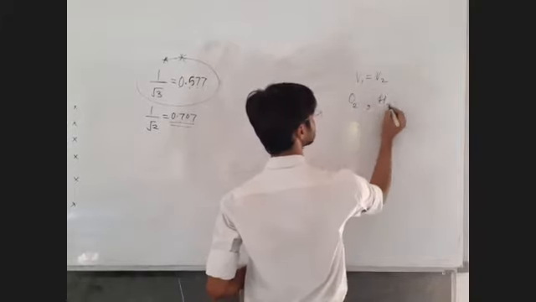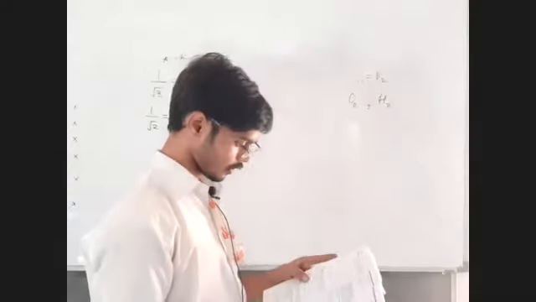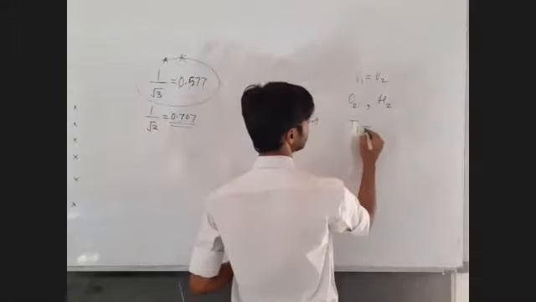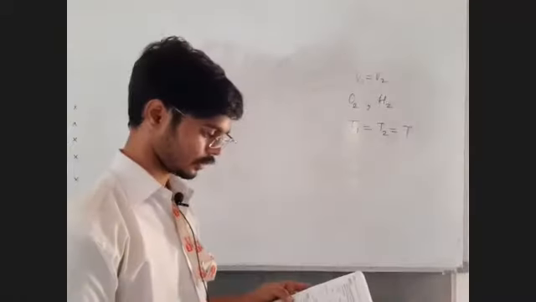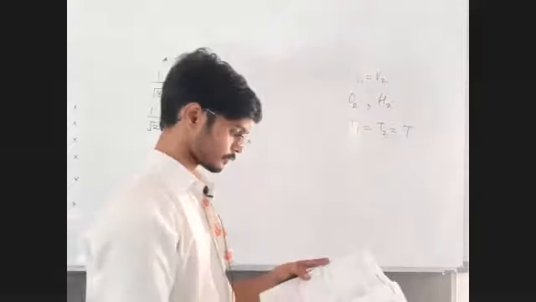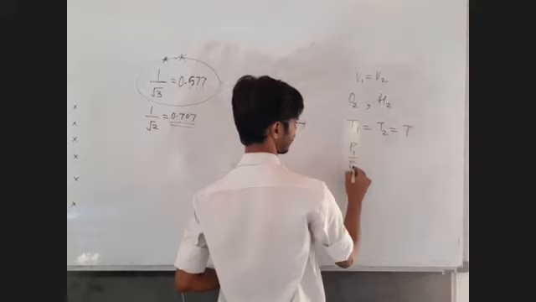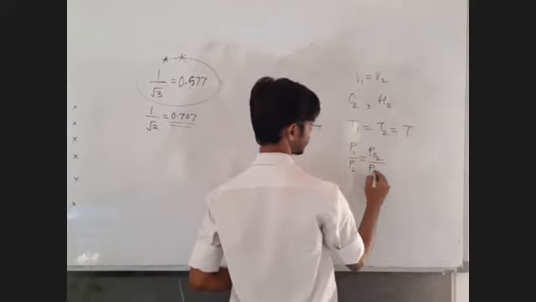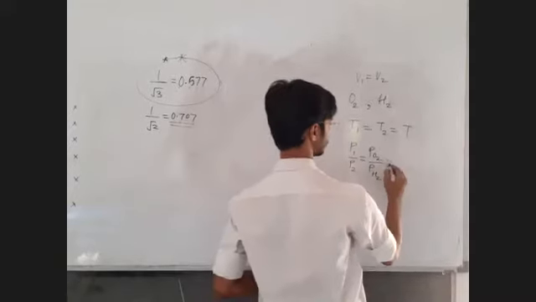See how the extracted data is being written in the columns. Both are kept at the same temperature. So T1 equal to T2 equal to T. The ratio of their pressure will be, so they are asking P1 upon P2, that is the pressure of the oxygen gas divided by the pressure of the hydrogen gas, equal to question mark.